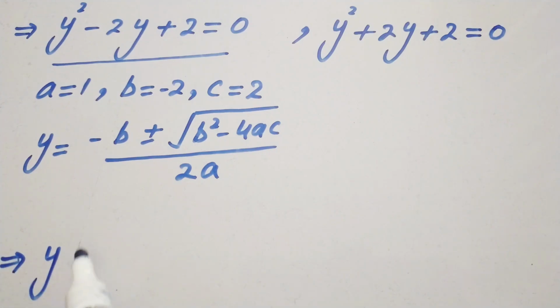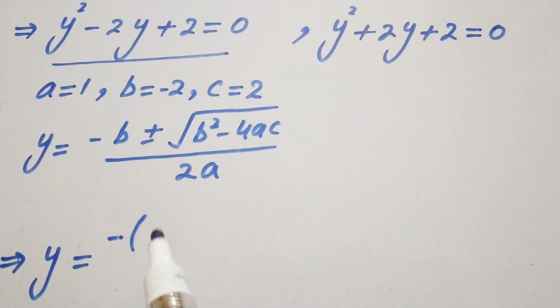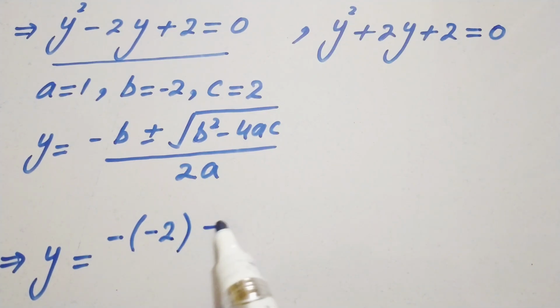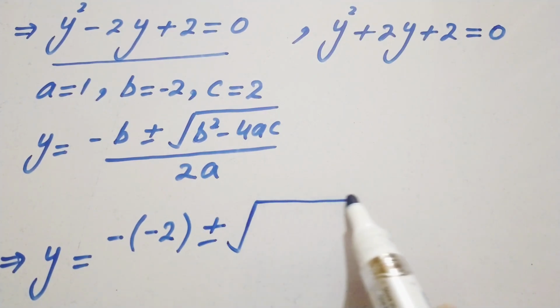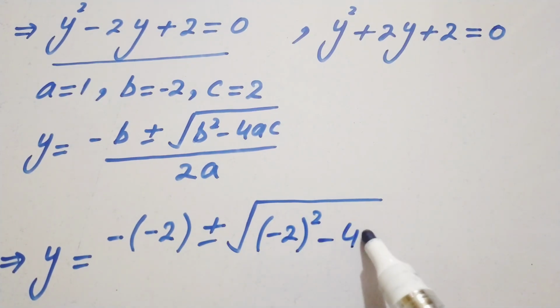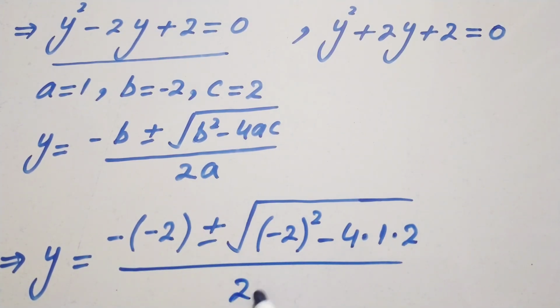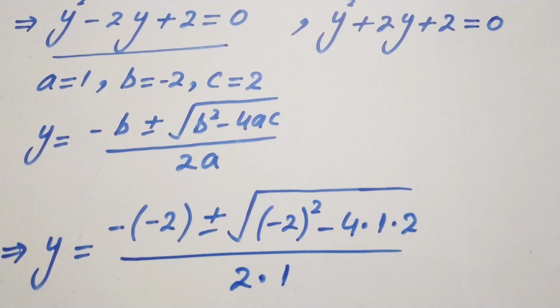So y is equal to here minus b, the value of b is negative 2, plus minus whole square root of b is minus 2 b squared minus 4, value of a is 1 and c is 2, divided by 2 multiplied by 1 because a is equal to 1.